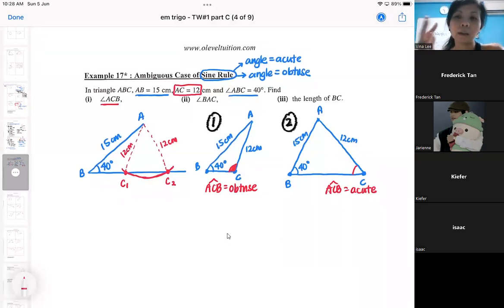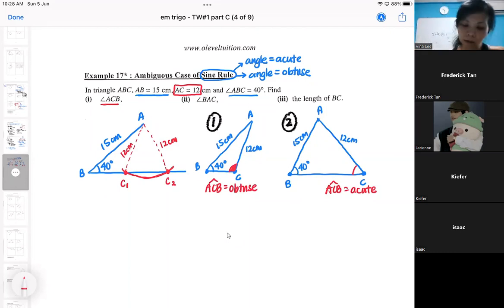But usually in exams, the diagram will show that the angle is obtuse, or the question will tell you that they want the obtuse angle. So Isaac, if you have done this, I believe your ACB is an acute angle.